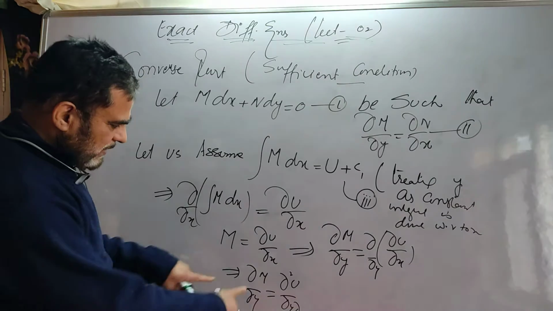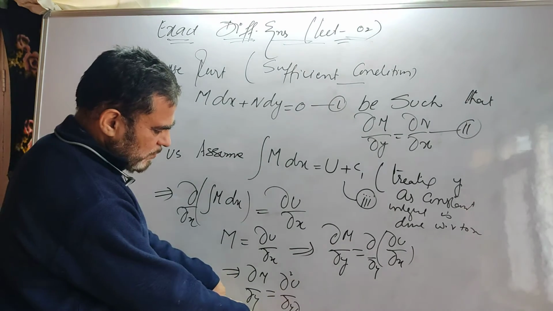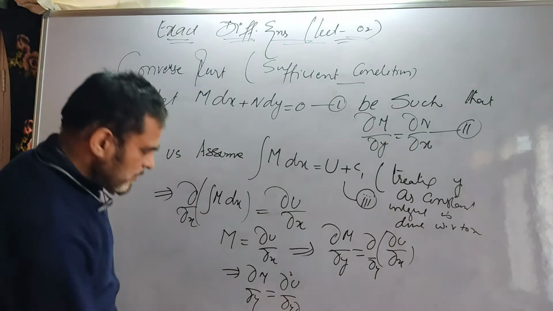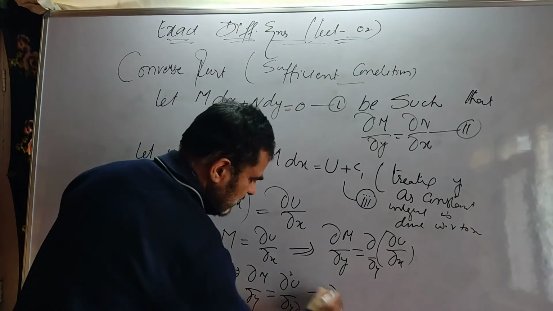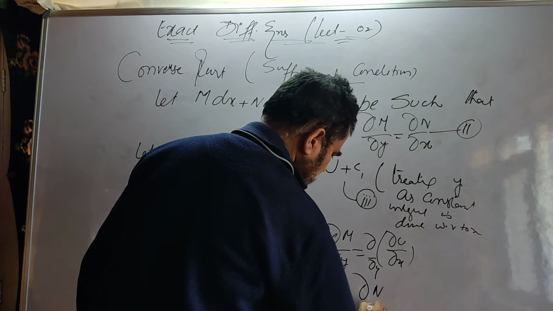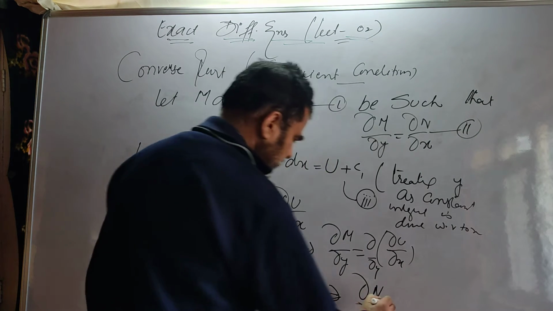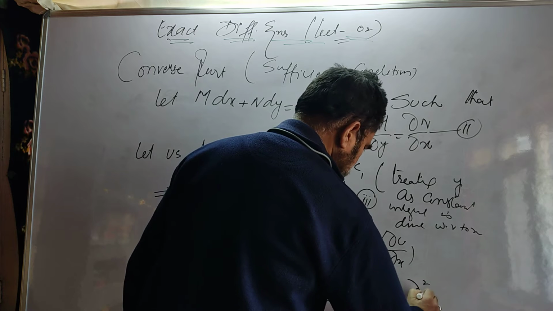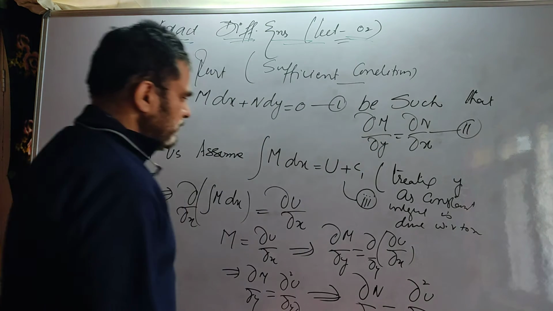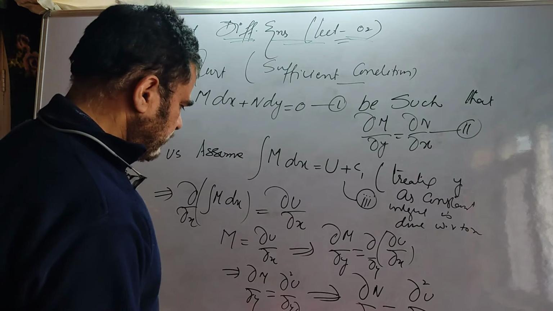Well, but partial of M with respect to y is what? It is your del N by del x. So you can write that this implies dou N by dou x is equal to del 2u by del y del x. Okay?